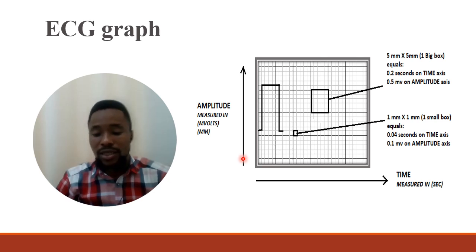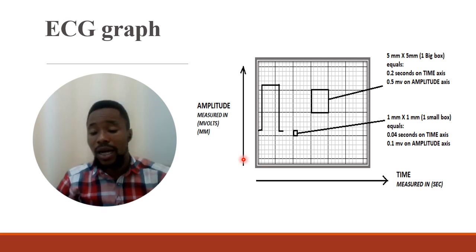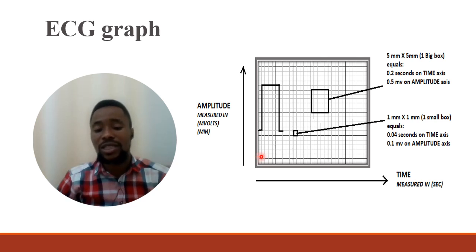As simple as that. Now the machine has been calibrated to run 10 millimeter per millivolt. What that means is that if I count 10 small boxes from here, 1, 2, 3, 4, 5, 1, 2, 3, 4, 5, that's 10. So 2 big boxes is equal to 1 millivolt.